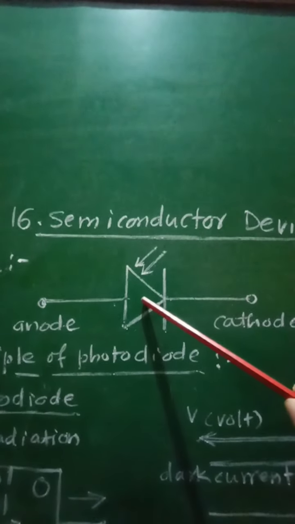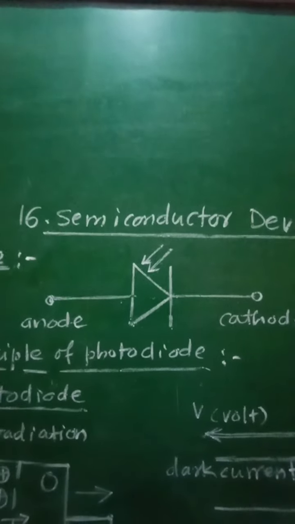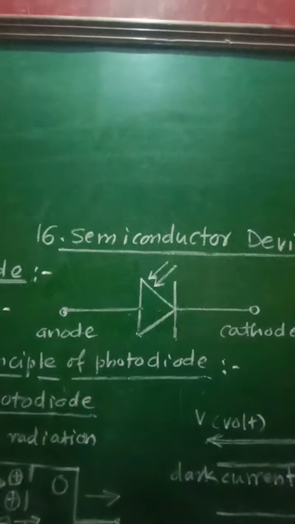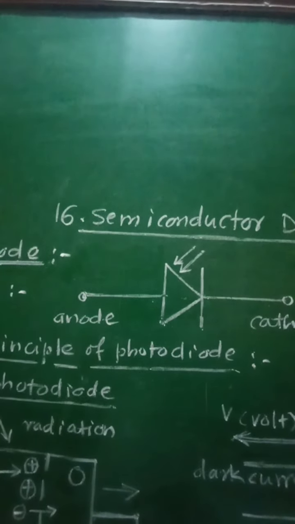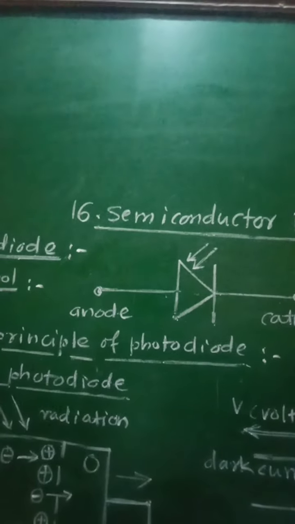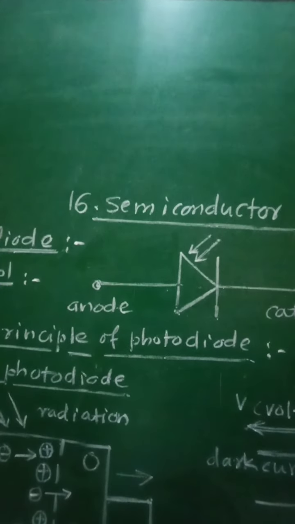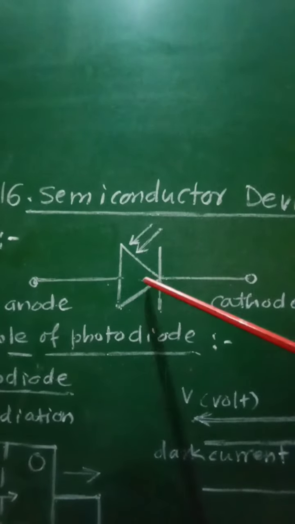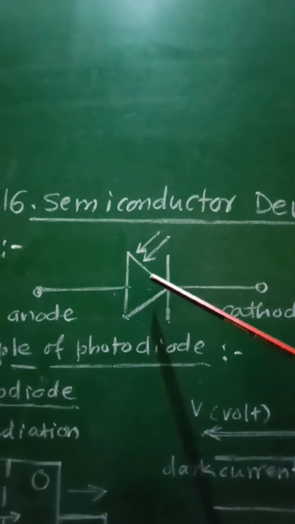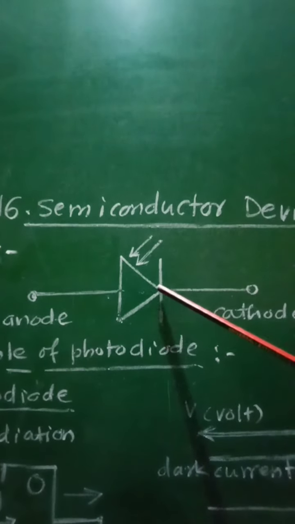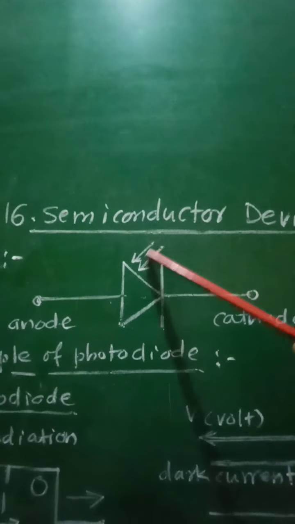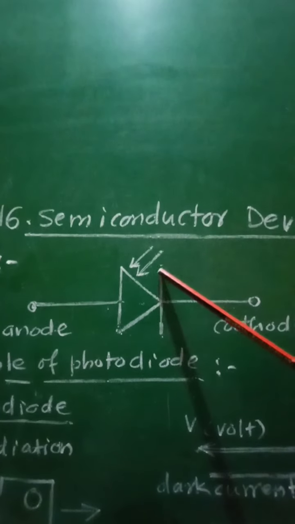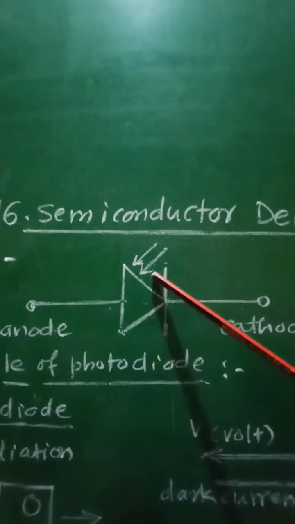Now the p-n junction of this photodiode is placed inside a glass material so that only the junction of the photodiode is exposed to light. So the light radiations which are incident on it will be incident only on the p-n junction.